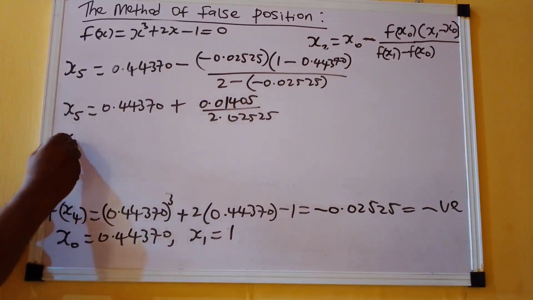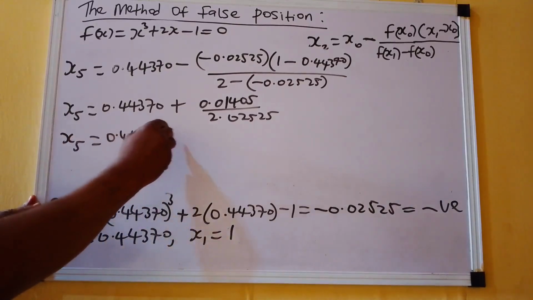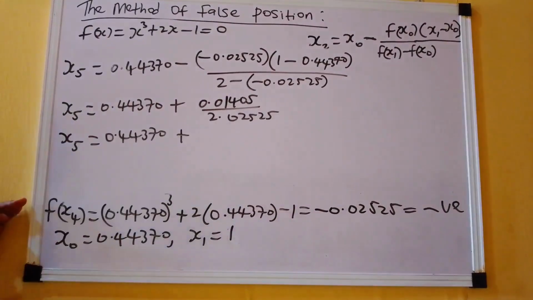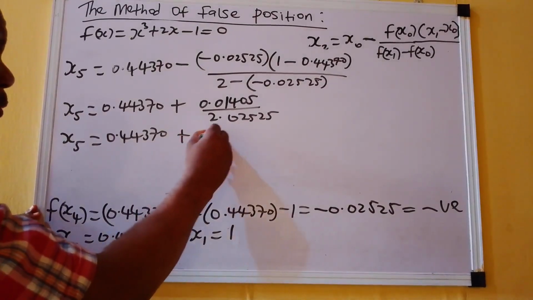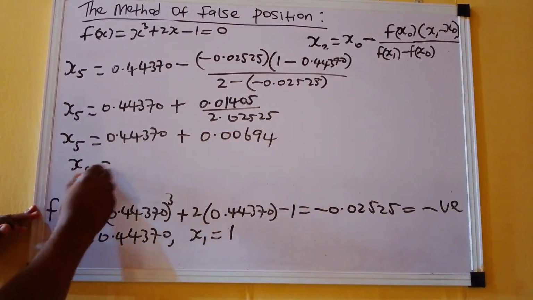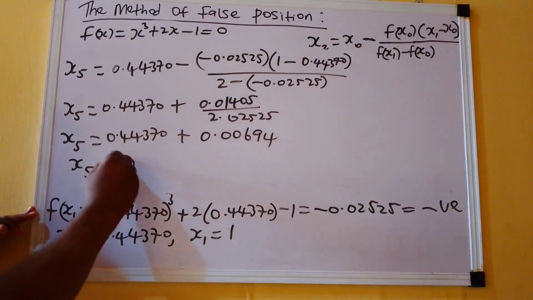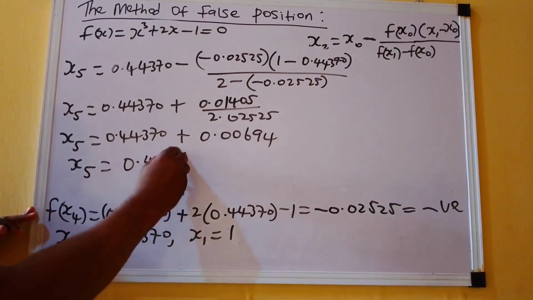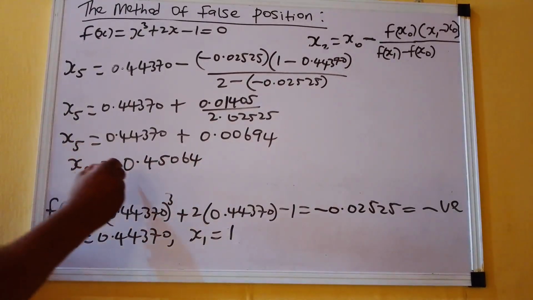So our x5 will be equal to 0.44370 plus, when you divide this, you are going to have 0.00694. x5 now becomes, when you add this to this, 0.45064. So that will now become the value for our x5.